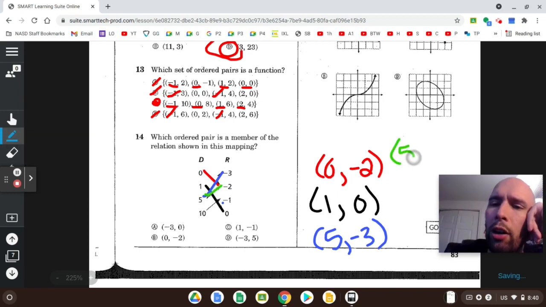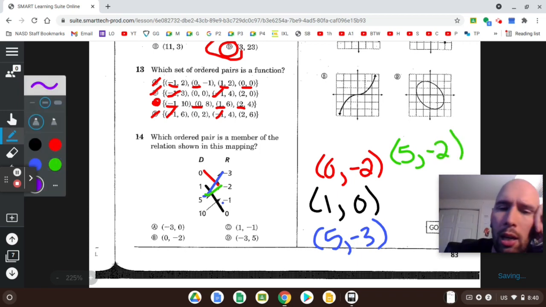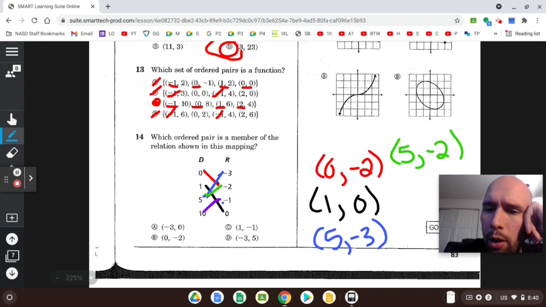So this isn't a function. It's not asking that, but I'm just throwing in my 2 cents. And 10 goes to -1.